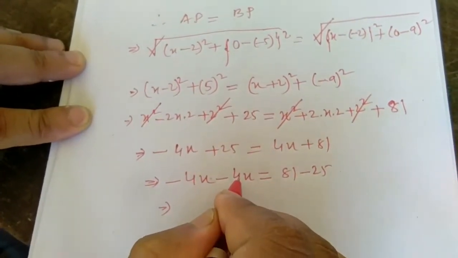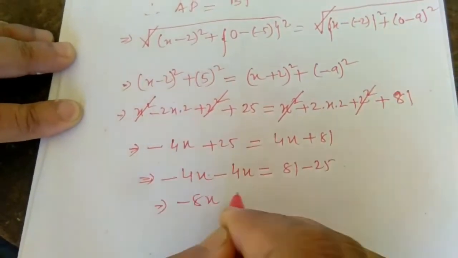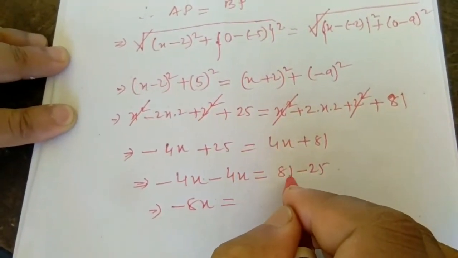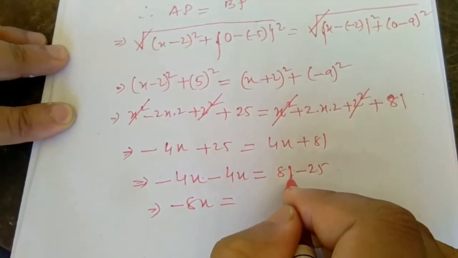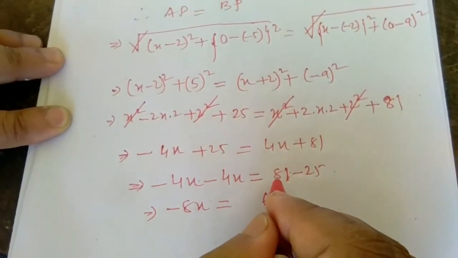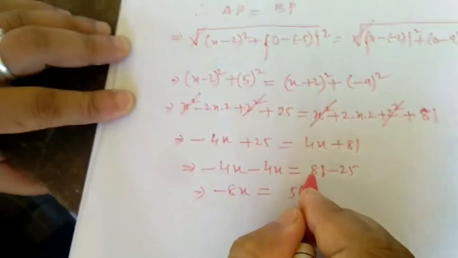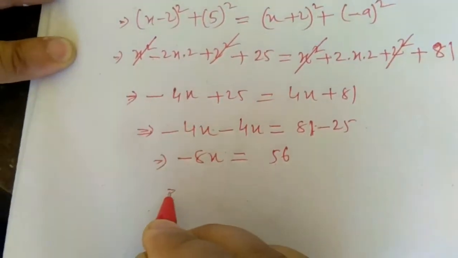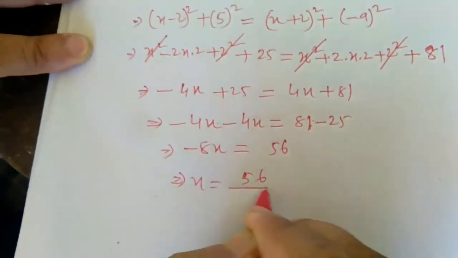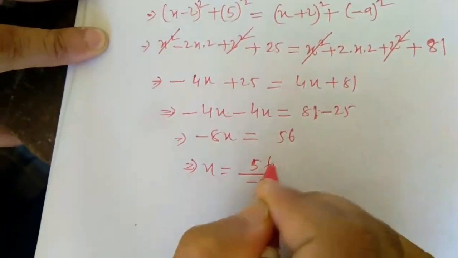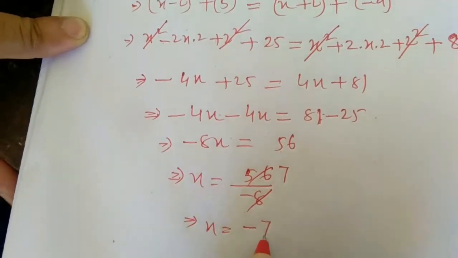If both are negative, we have to add: 4 plus 4 is 8x, both are negative, minus 81 minus 25. Take 1 from here, it is 11. 11 minus 5 is 6. Here remains 7. 7 minus 2 is 5. This is greater, so positive. Okay, so x equal to what? 56 by minus 8. 8 7s are 56, implies x equal to minus 7.